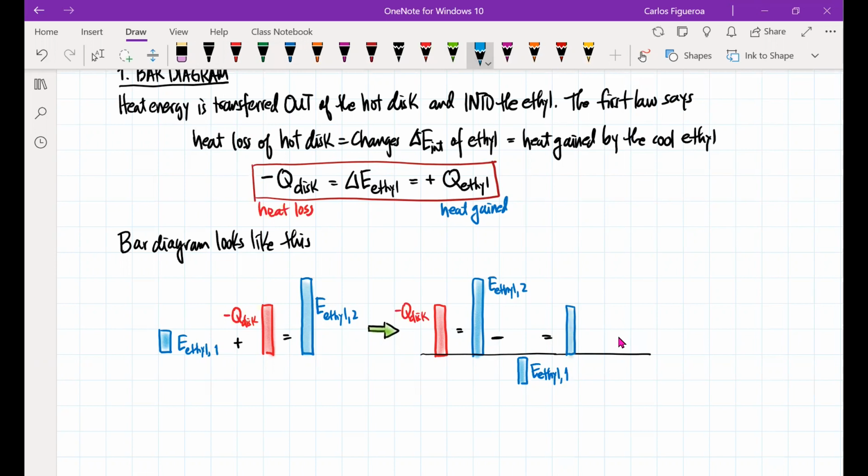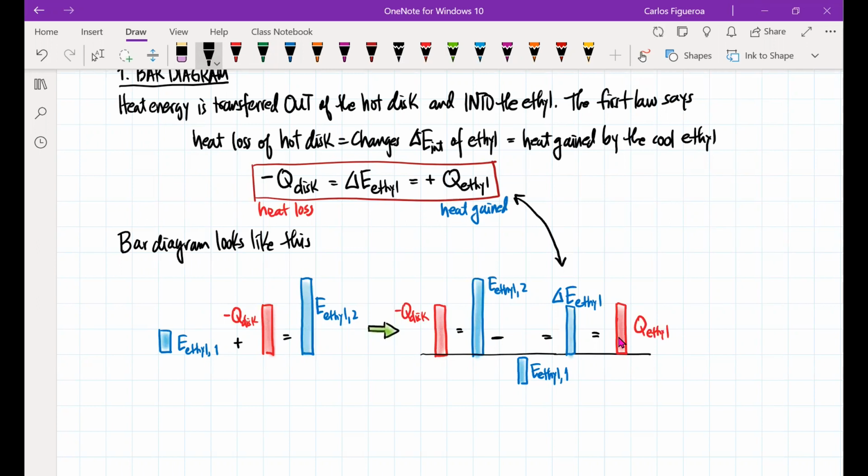So when I look at this, this is really the change in internal energy of the ethyl alcohol. And when I look at that boxed equation, it's this quantity that tells me that this is the heat gained by the ethyl alcohol. So this is what that really looks like, picture-wise.